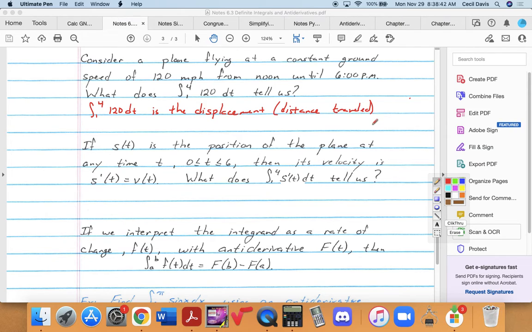There is. Distance, in this particular case, since it's going in the same direction all the time, they're the same. Traveled by the plane in miles from 1 p.m. to 4 p.m.